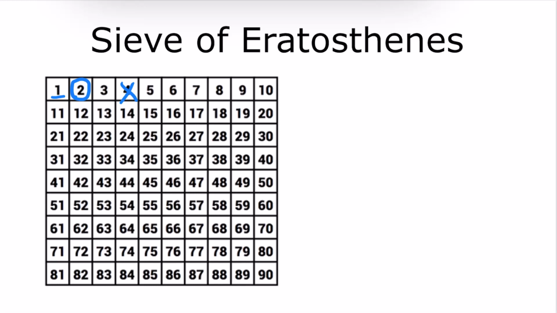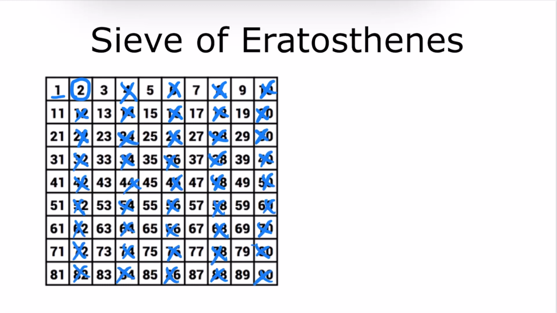And any number can always be divided by itself and the number 1. But since it's a multiple of 2, it can also be divided by 2, which means that it's a composite number because it has more than two factors. So I'm going to cross off all of the multiples of 2 because all of these numbers will be composite numbers.